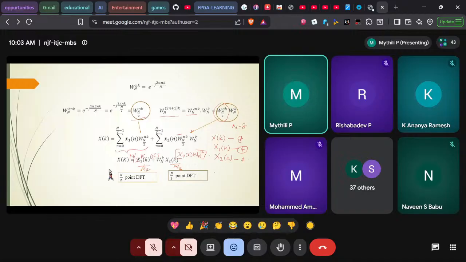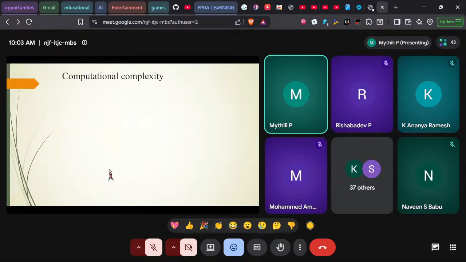Write it here. That is x of k is equal to x1 of k plus Wn of k x2 of k. This is our expression. Okay.